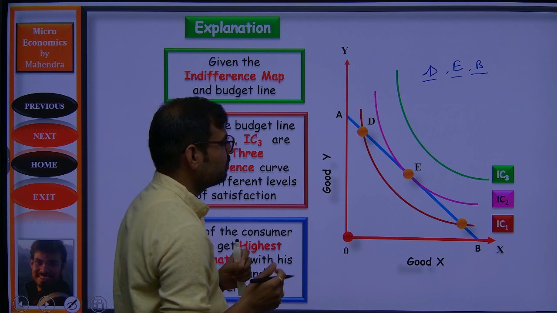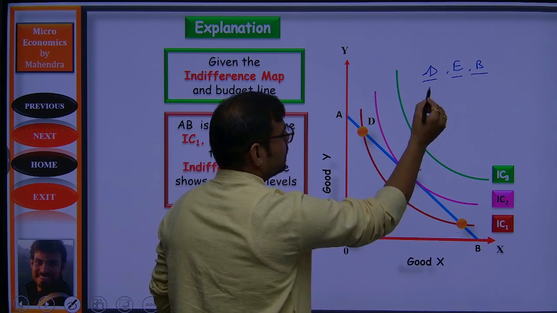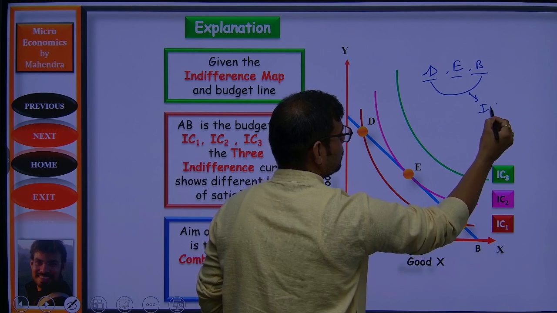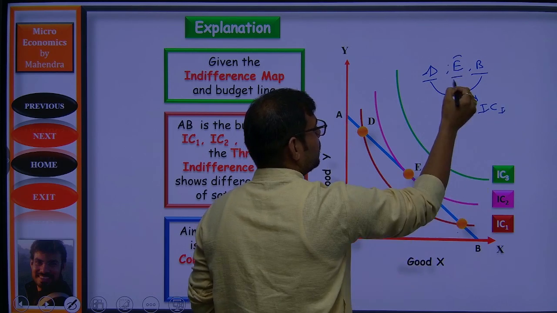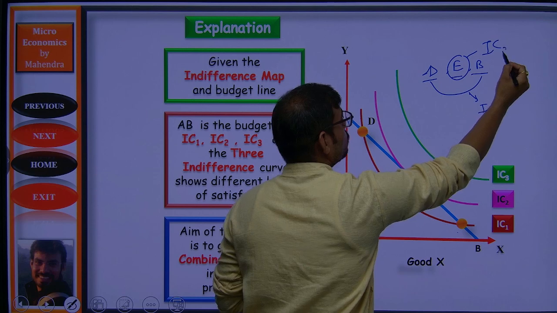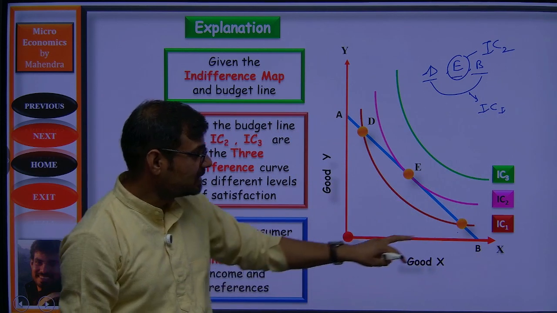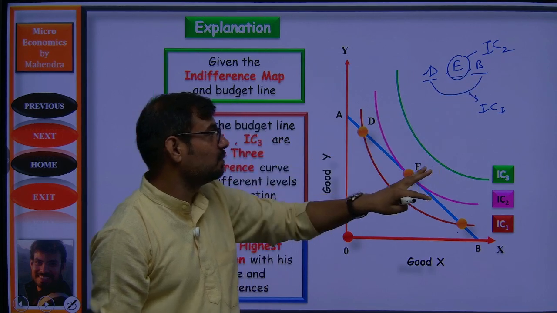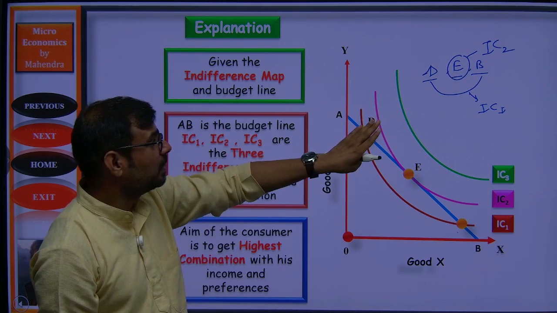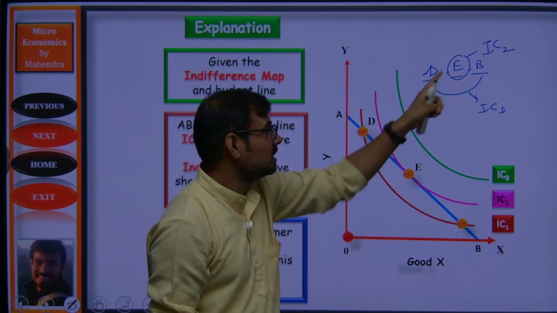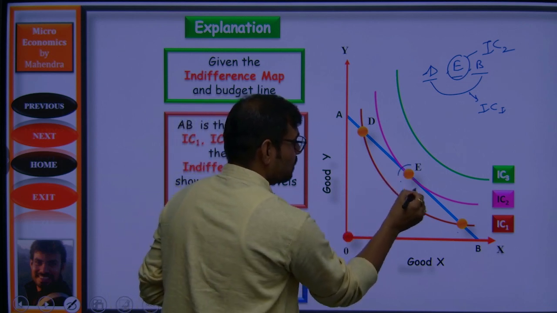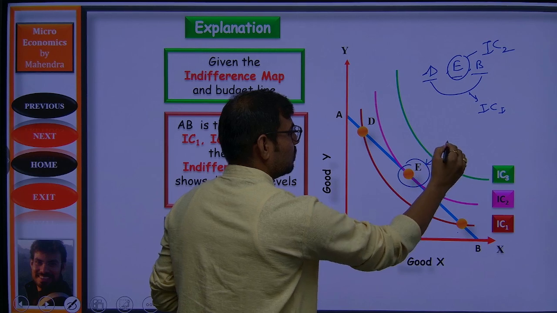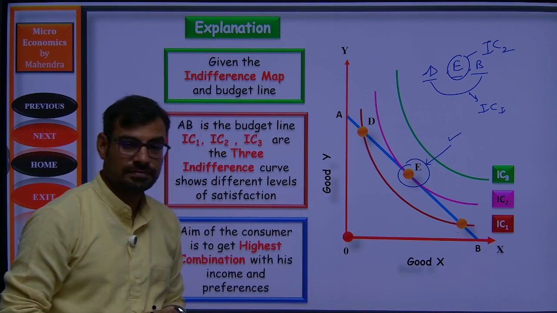D and B, they both are on IC1, whereas this point E is on IC2. Which one is higher, IC1 or IC2? Though these 3 points are in our budget and we can achieve them, E is giving us more satisfaction since E is on the higher IC. So therefore, E will be our point of equilibrium.